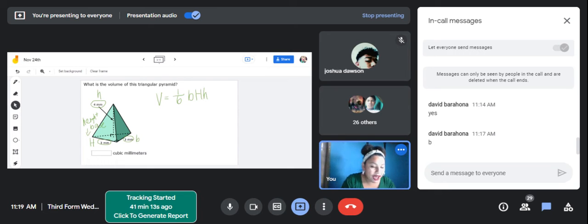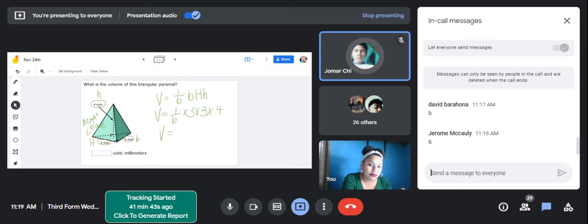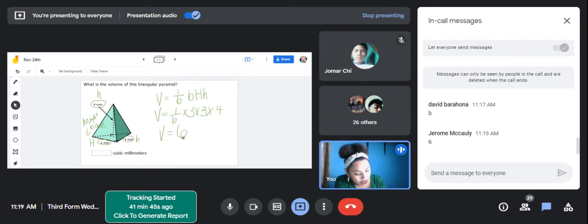Now, if I have that information, I can substitute 1 over 6 times 3 times 3 times 4. What does that give you? 6, very good. 6 and then millimeters cubed.